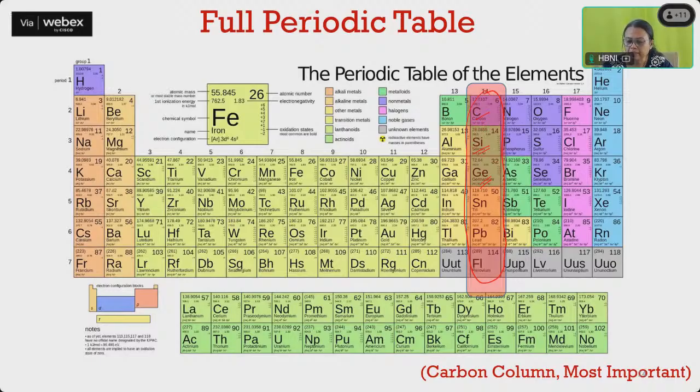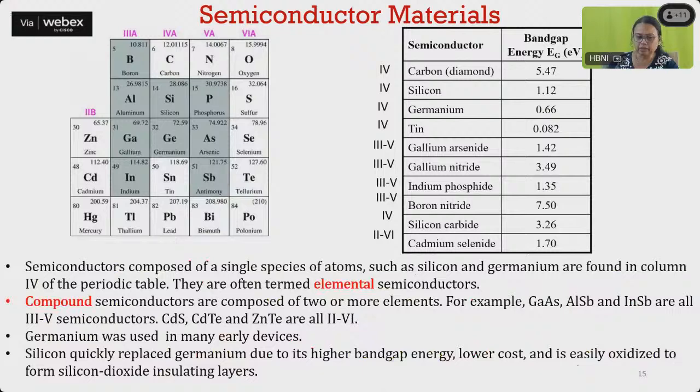Why are they semiconductors? Because they have four electrons in their outermost shell. But there are other important materials which can be used in the semiconductor industry. Silicon, germanium we have seen, but there are other materials like boron. Third group and fifth group elements are also important, and we have the fourth group.